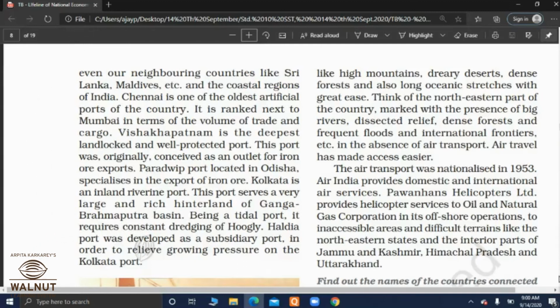This port serves a very large and rich hinterland of Ganga Brahmaputra basin. Being a tidal port, it requires constant dredging of Hooghly. Haldia Port was developed as a subsidiary port in order to relieve growing pressure on the Kolkata port.